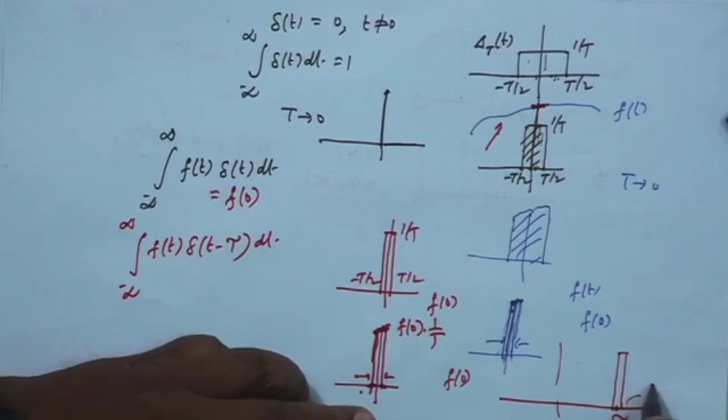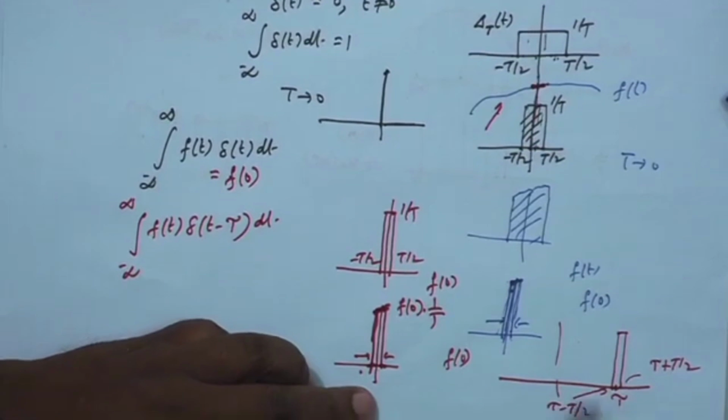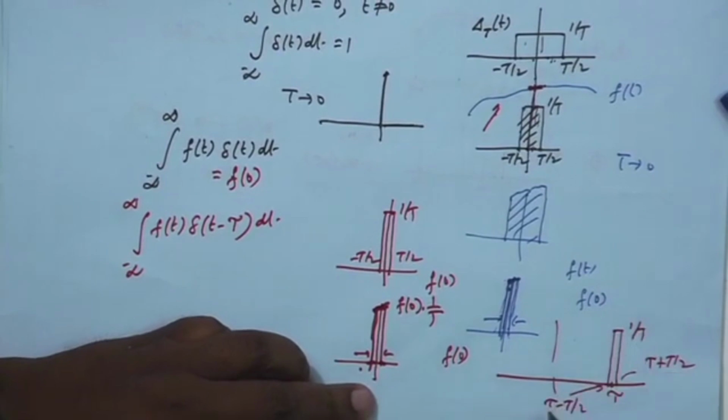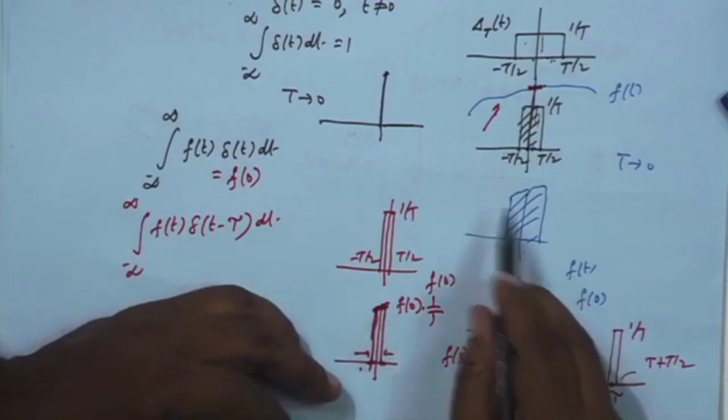So the same phenomenon will come here. I have got two ends, tau plus T by 2 and tau minus T by 2, that is, tau is replacing the origin; the height is 1 by T, and this will be multiplied by the function.